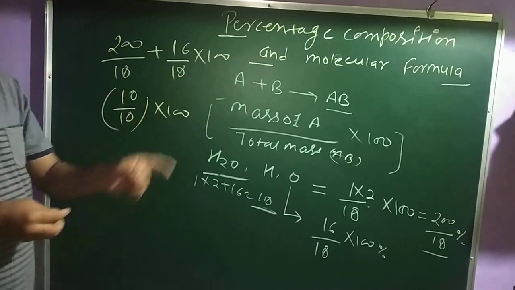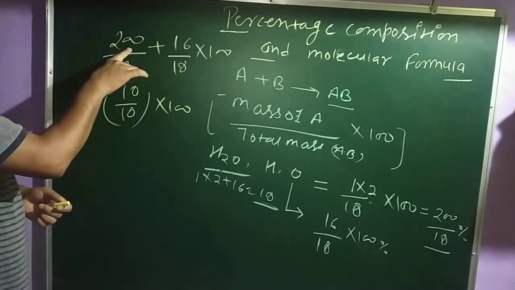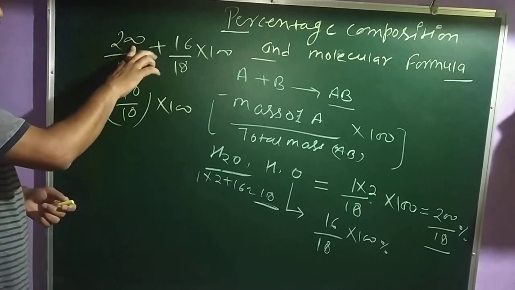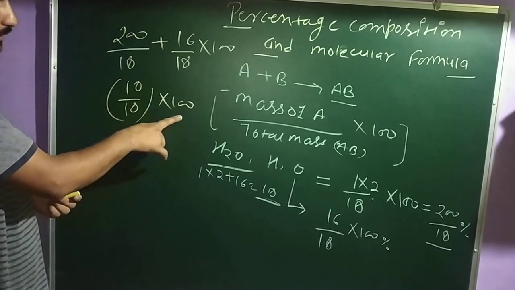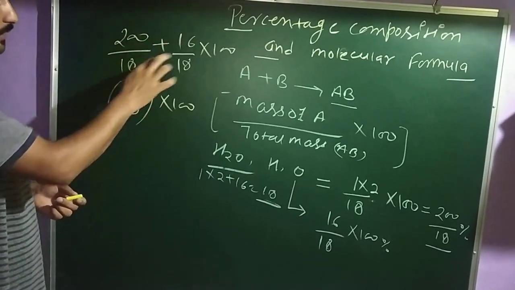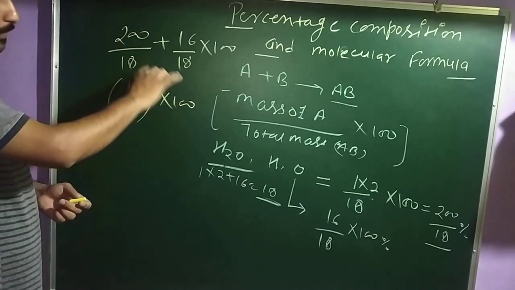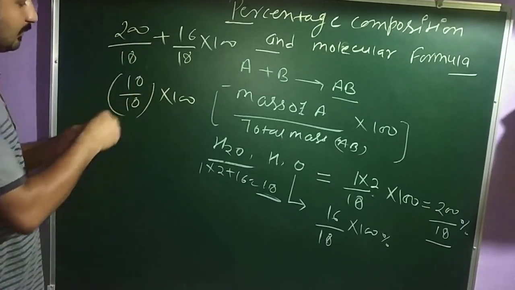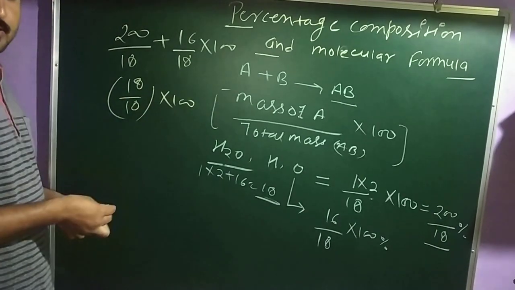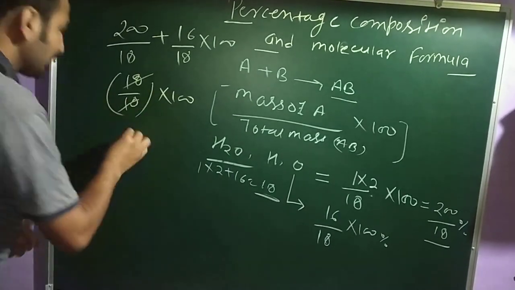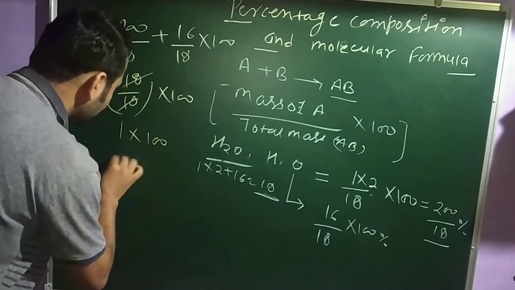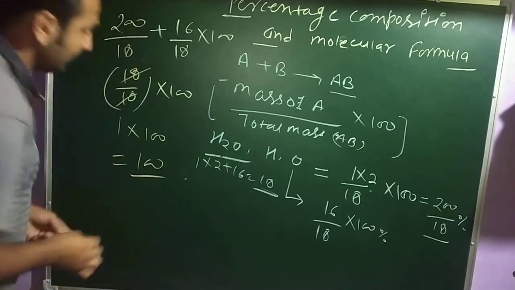So I'm taking it outside. This 100 is common, and the 2 plus 16, because the denominator is the same, 2 plus 16, 18 upon 18 into 100. So 18 cancels by 18. It will come 1 into 100.